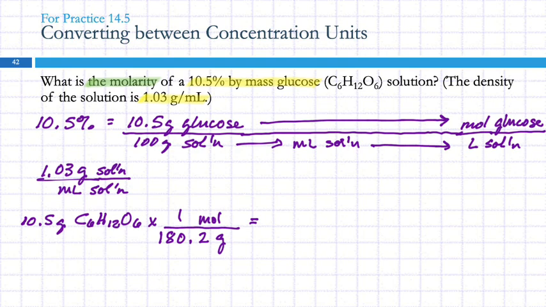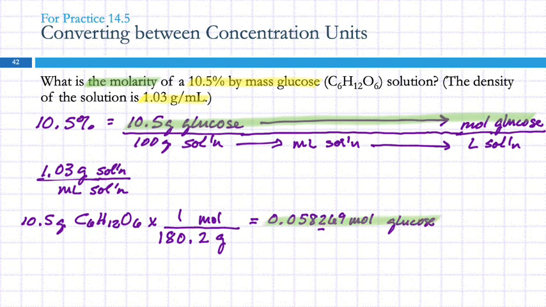So 10.5 divided by 180.2, 0.058269 moles of glucose. So I did this conversion and I ended up with this. Now I'm going to do the part on the bottom.